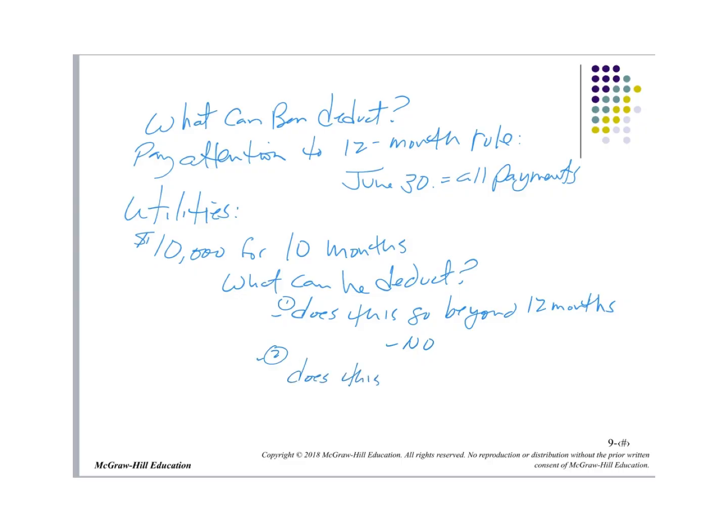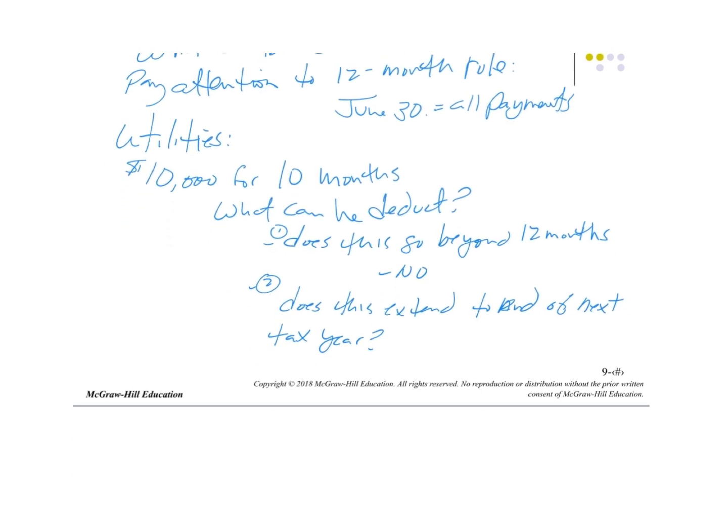Starting June 30th of this year, 6 months gets you to the end of this year, and then you've got 4 additional months that takes you into April of next year.